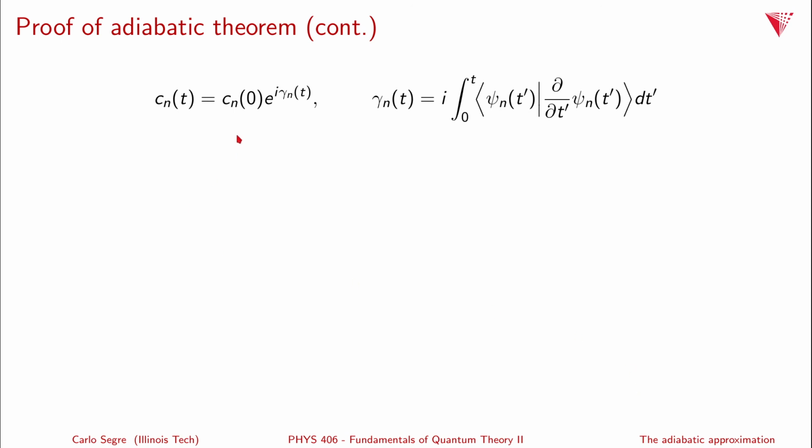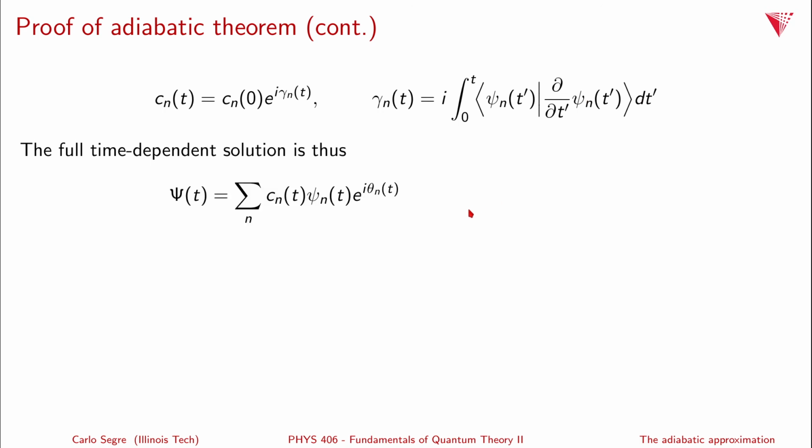Its value at time equals 0, plus something that looks again like a phase factor. Gamma sub n of t is just another phase factor, but it's a very peculiar phase factor because it involves time derivatives and an integral. So we can now write the full time-dependent solution. We have capital Psi of t is equal to the sum over n, c sub n of t, psi sub n of t, e to the I theta sub n of t.